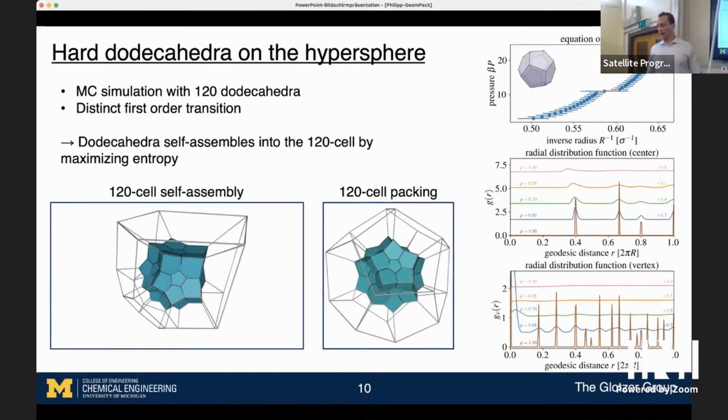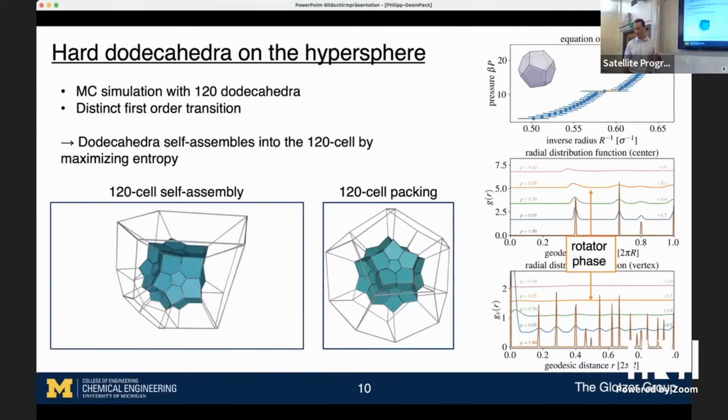Exactly. And so basically what I can see is that you get a nice first order phase transition. And also if you look at the g(r), the pair distribution functions, both of the centers of the particles, this one, and the vertices of the particles, you can see that it nicely goes into these characteristic peaks of the 120 cell and of the dual cell, which is the 600 cell for dodecahedra. What I can also see is that the positional order occurs before you see rotational order.